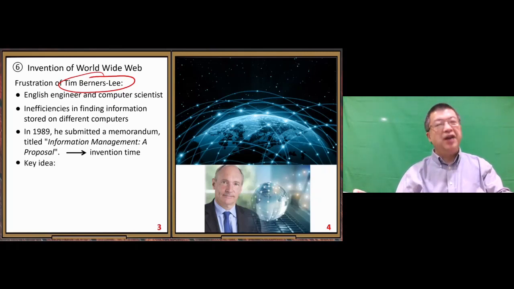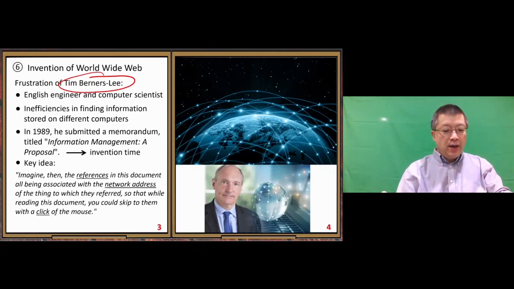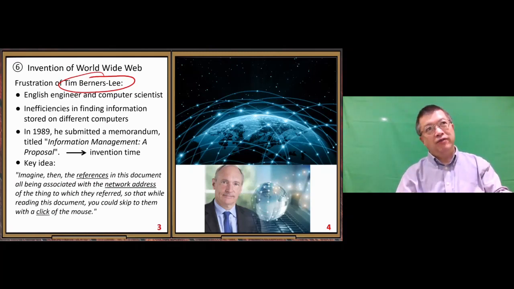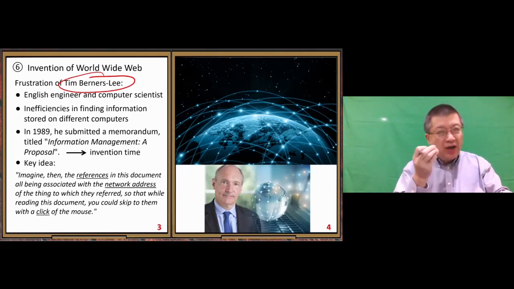So let's look at the key idea of the proposal. It was described in a book about the whole story. Look at this paragraph selected from the book. It describes the main idea of the World Wide Web.